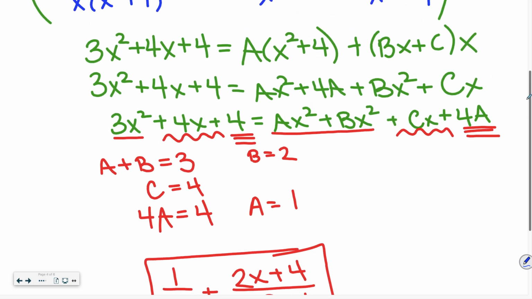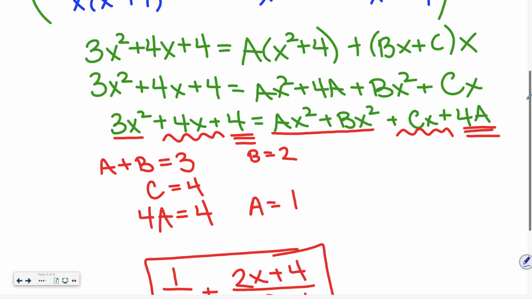Okay. This method that we just did, comparing the coefficients, it will work for any of the problems that you do. My only warning to you is that you could get into a system of equations that has maybe 3, 4, 5 variables.